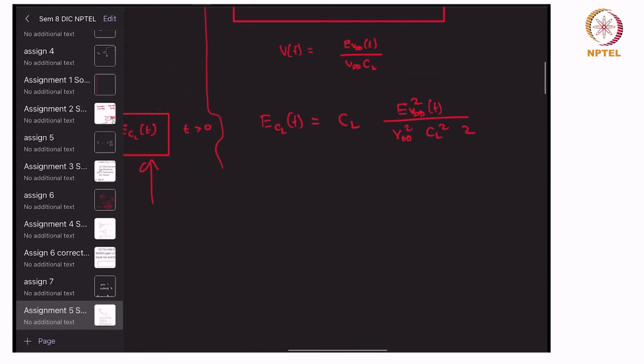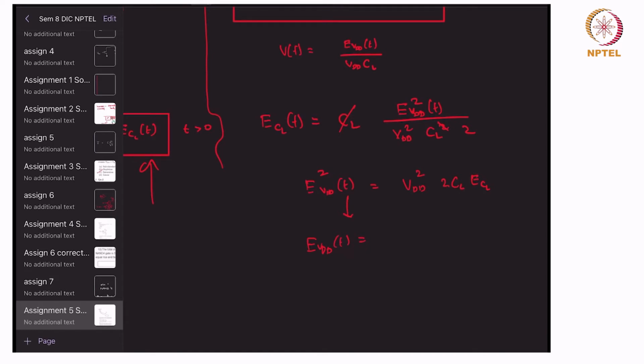So therefore CL and CL, the square term gets cancelled here. So E_VDD of t squared is equal to VDD square into CL E_CL, right, divided by 2 CL E_CL. And therefore for E_VDD of t, we can take the positive square root on both sides because we know that all the quantities in here are positive.